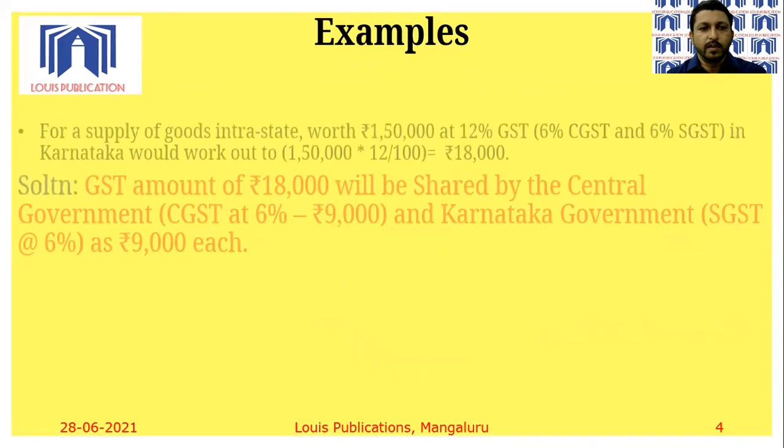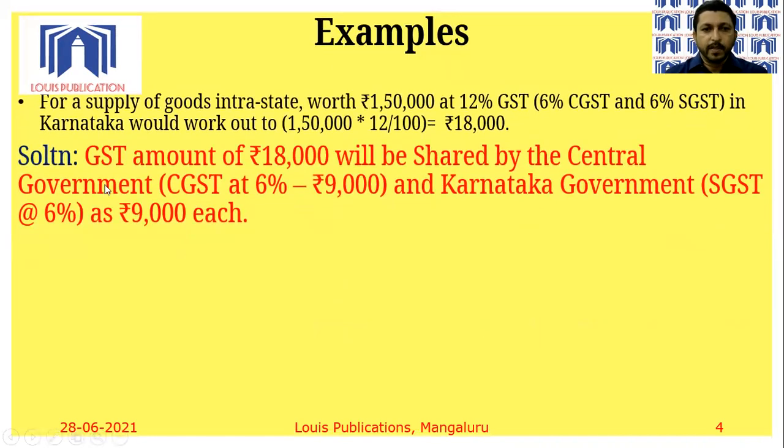Let's move ahead. Let's take 4 examples of this application of dual structure GST. Let's take the first example. There is an intrastate transaction, the supply of goods intrastate worth 1,50,000. Let's imagine the GST rate is 12%. So on rupees 1,50,000 at 12%, the GST amount would work out to 18,000 rupees.